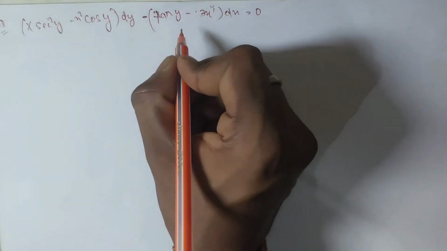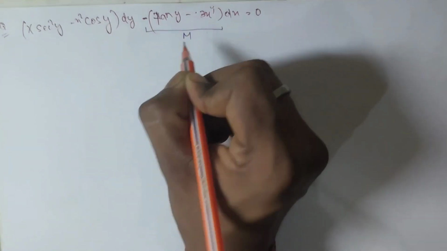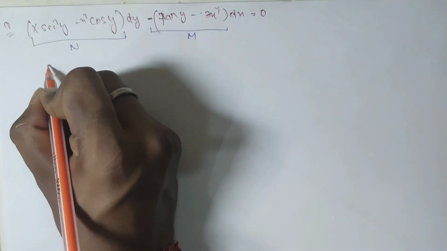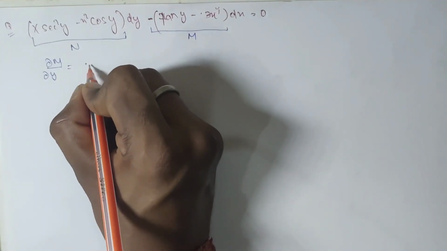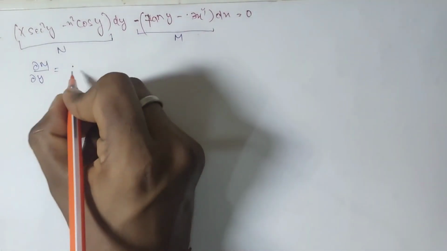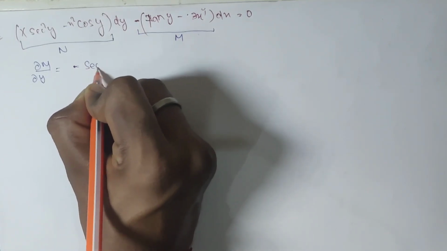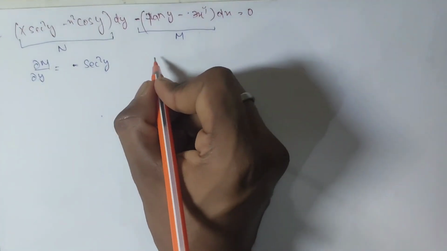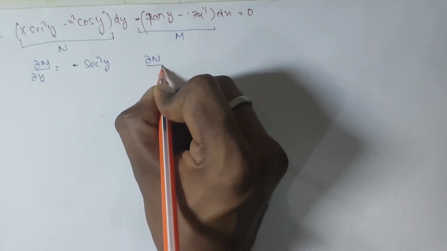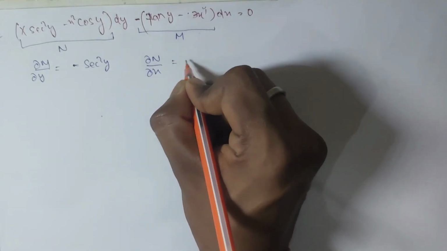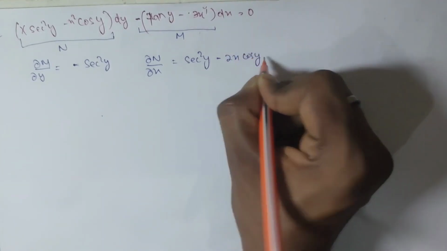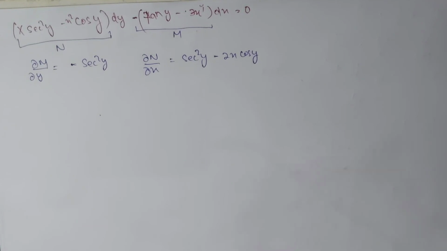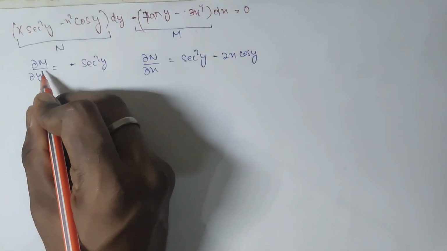Here, for the dx and dy terms, this term is M and this term is N. So ∂M/∂y, the derivative of 10y, equals minus sec square y, and ∂N/∂x equals sec square y minus 2x cos y. Now we have to subtract these two terms.